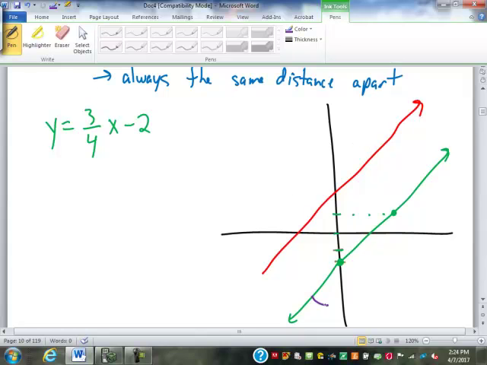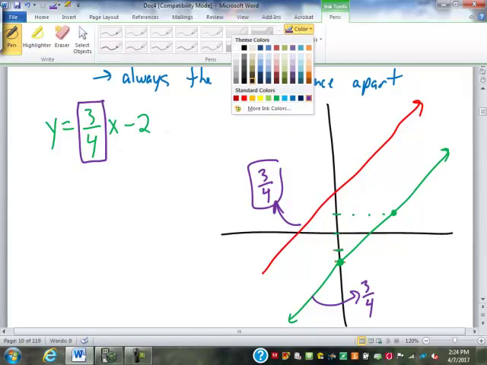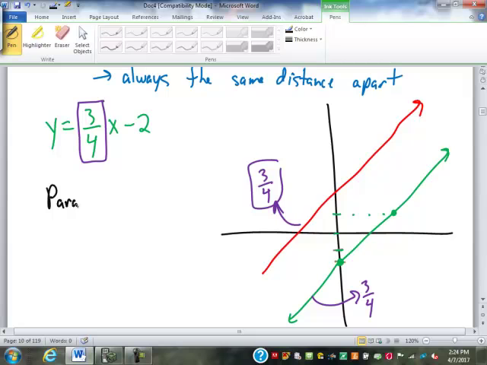What was the slope of this green line? Well, from our equation, the slope is that number that gave us the rise and the run. It's the number that multiplies x. So the slope of that green line was 3/4. What's the slope of this red line? 3/4. Good, it's the same slope. Parallel lines have the same slope.